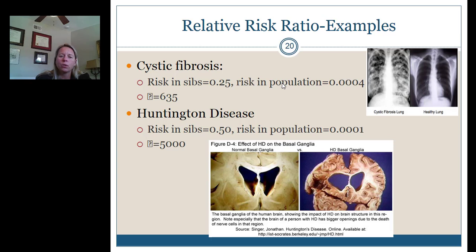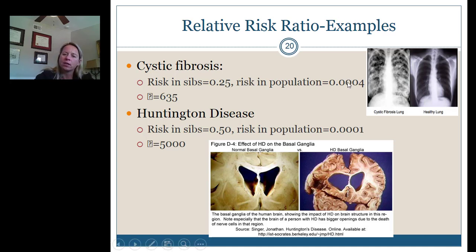So here are two seminal examples of calculated relative risks. The first is cystic fibrosis. We now know that this is a disease that has strong genetic etiology. But here is how the data were considered. The risk of CF in siblings was 0.25 based on a myriad of studies.